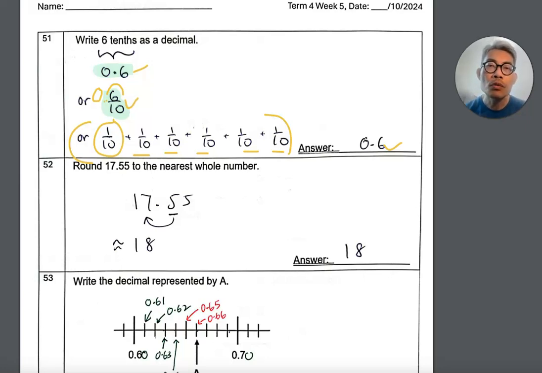Round off this to the nearest whole number. So whole number means I don't look at this, no need. This part here in front of the decimal is the whole number portion. So the number I must look at is the first digit here after the decimal. Is it 5 or more than 5? It is. So I can add 1 to 17. I get 18.